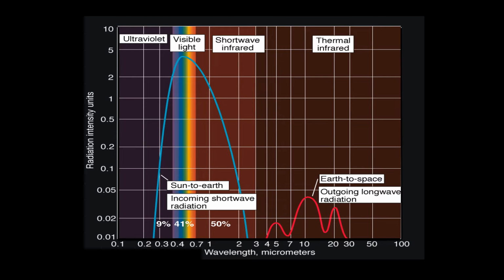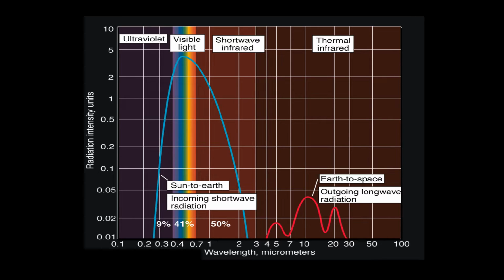As we know, electromagnetic radiation can be classified on the basis of wavelength, the distance between the crest of one wave and the crest of the next wave. We call it wavelength. Collectively, electromagnetic radiation of all wavelengths comprises what is called the electromagnetic spectrum.